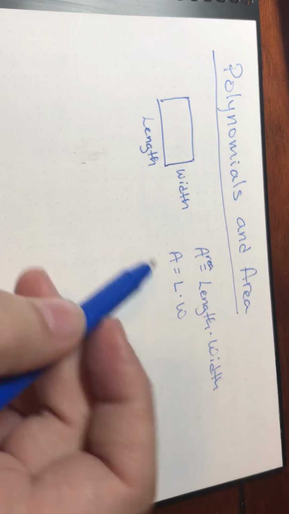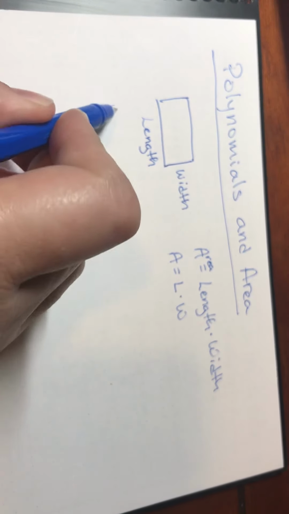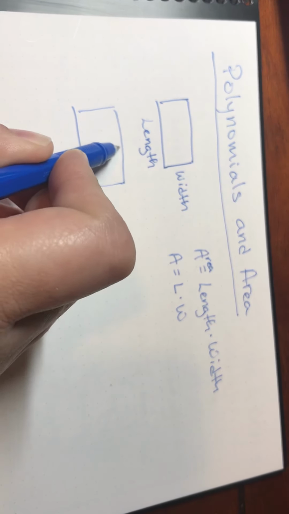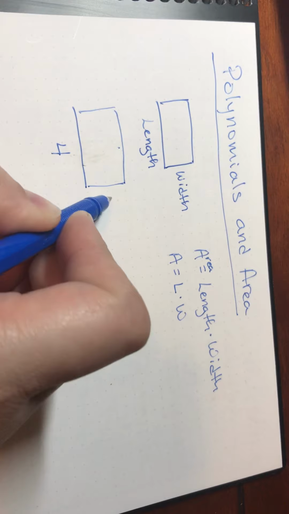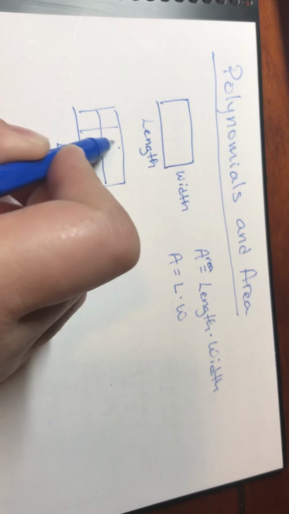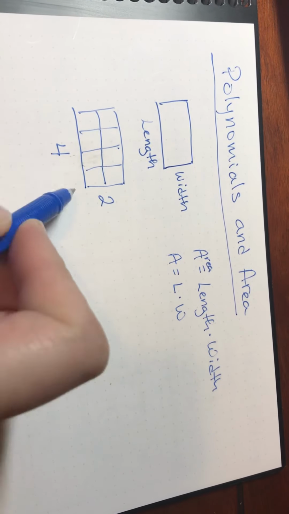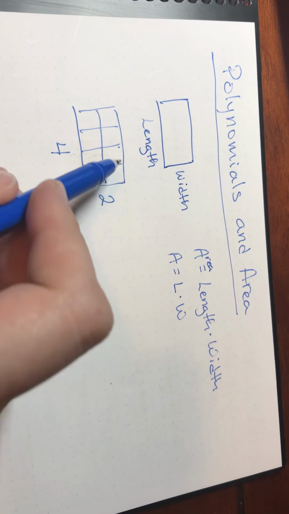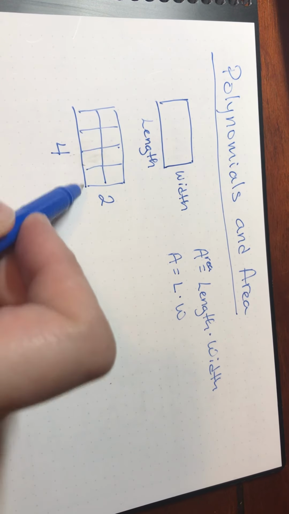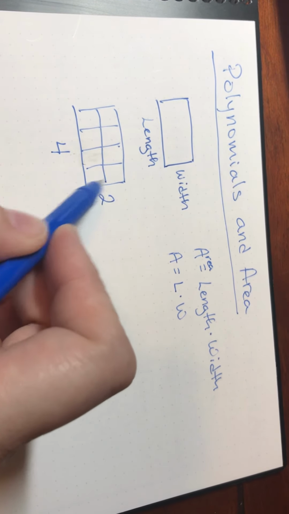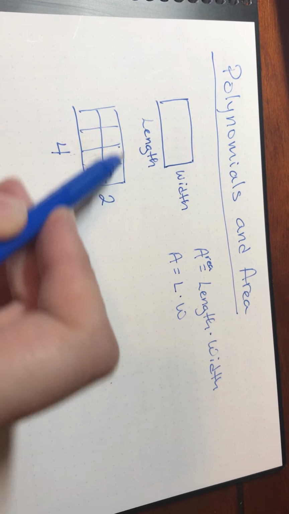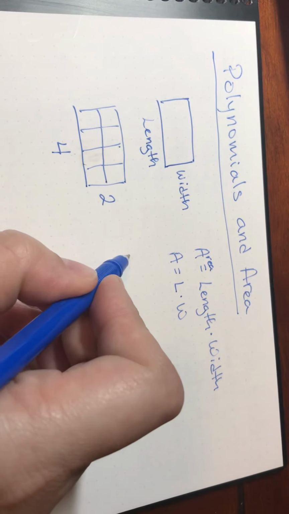Okay, so let's say that I have a rectangle that is 4 units wide and 2 units tall. So going this direction, it's 4 units, and going this direction, it's 2 units. So altogether, we have 8 units that make up this rectangle.